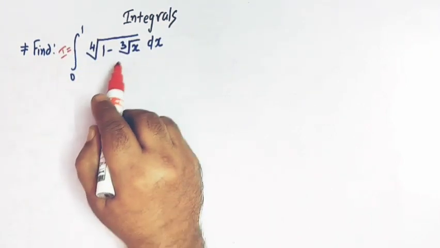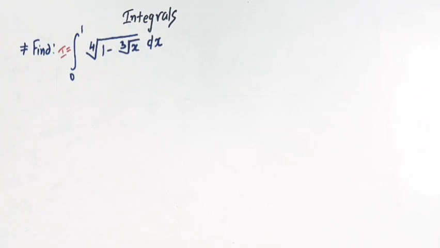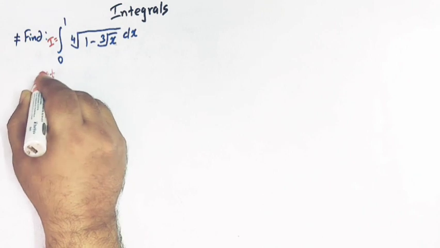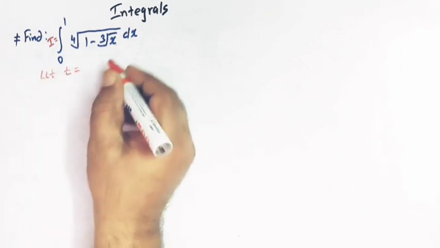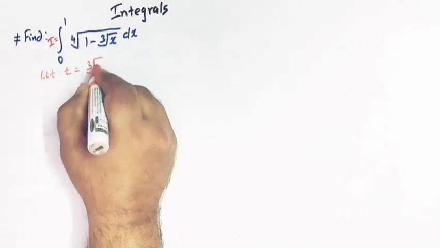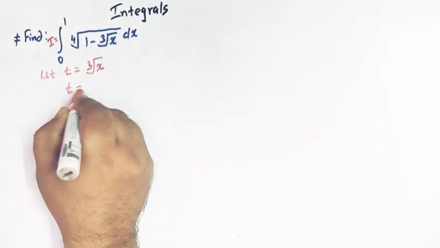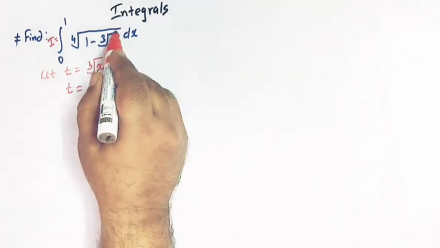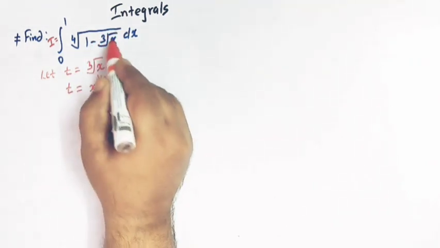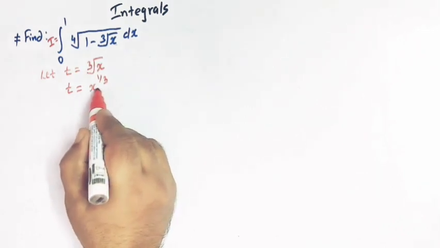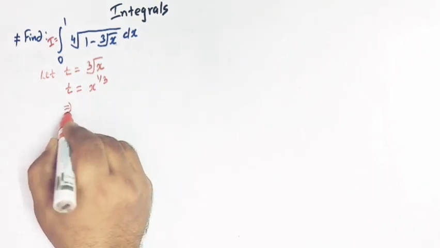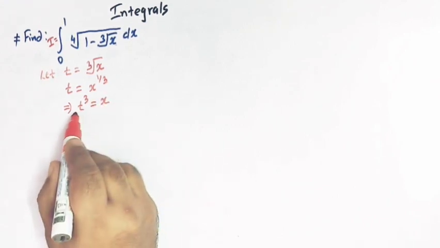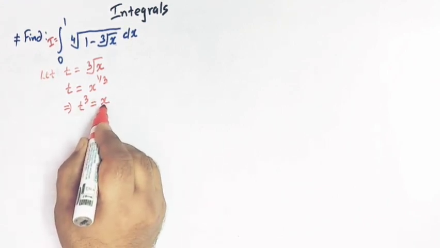First we'll make use of the method of substitution. Let us substitute t equal to cube root of x, so we can write t is equal to x raised to 1 over 3. So t cube is equal to x. Let us differentiate both sides with respect to x.